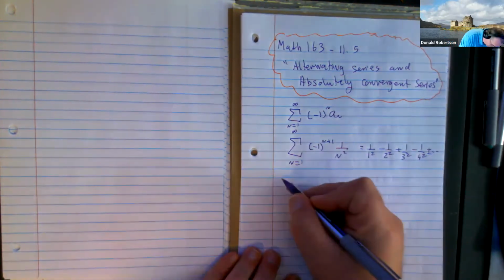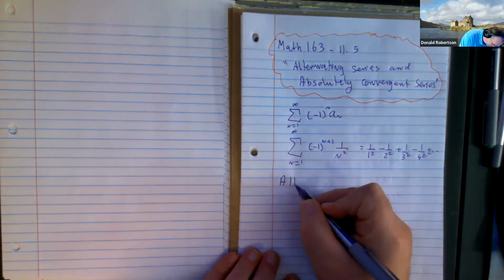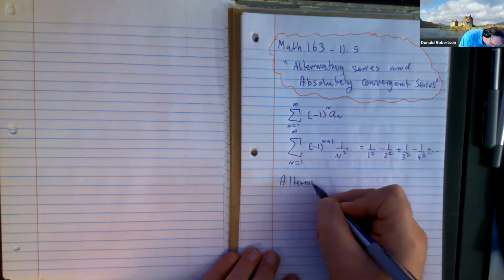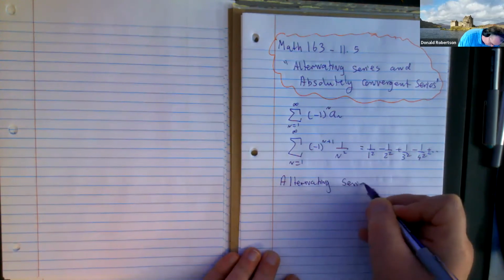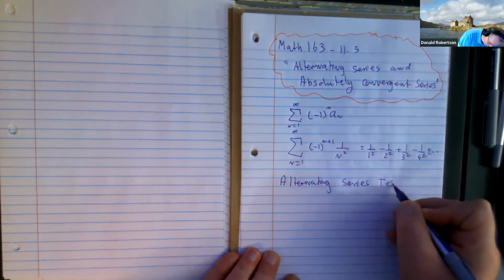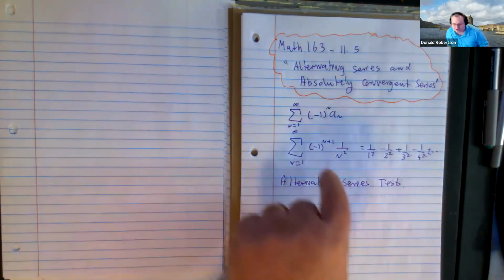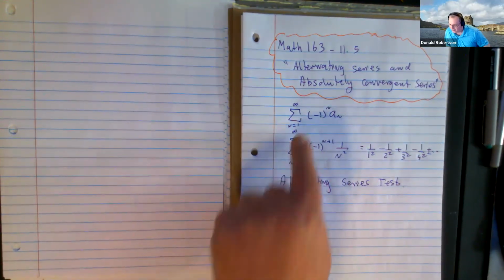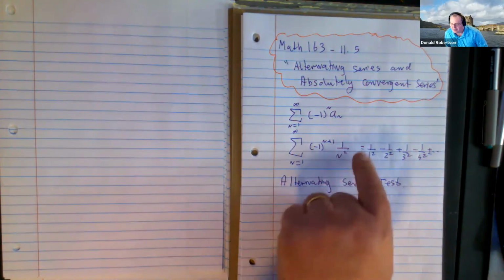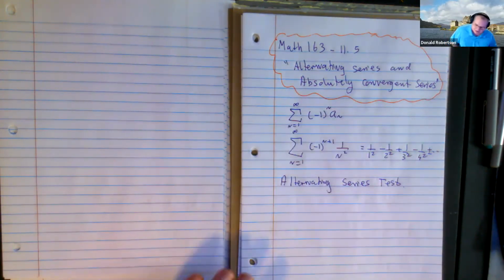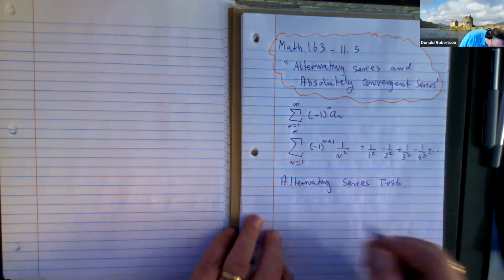Now the alternating series test, not surprisingly, is only used on alternating series, right? So don't use this on any other series except the ones that go plus minus, the ones that look like this. And the alternating series test says the following.